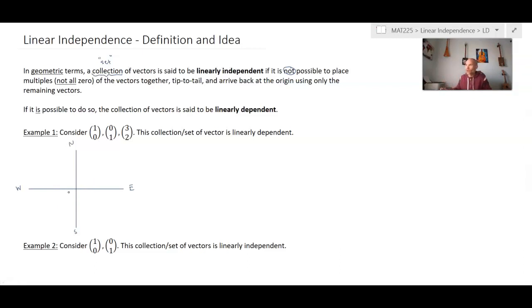Now, I ask the question: is it possible to apply multiples to these and arrive back at the origin? There could be more than one way to do it, but I'm just going to propose one such way.